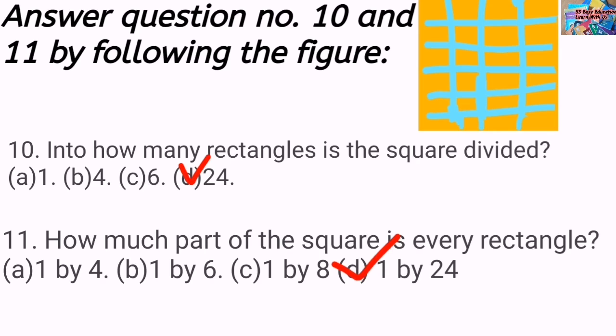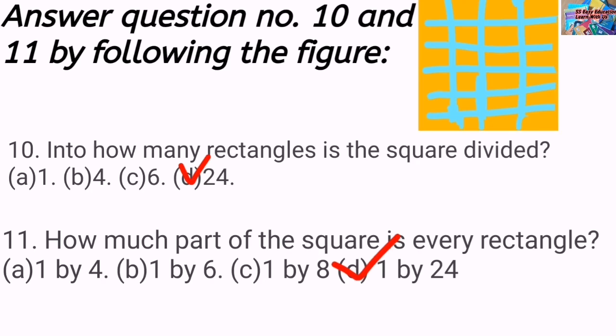Now look, the answer is 24. We don't have to count because one rectangle is impossible to fill this big square. 4 rectangles, no, we can count more than 4, and we can also count more than 6 rectangles over here. So we are sure that there are 24 rectangles here.